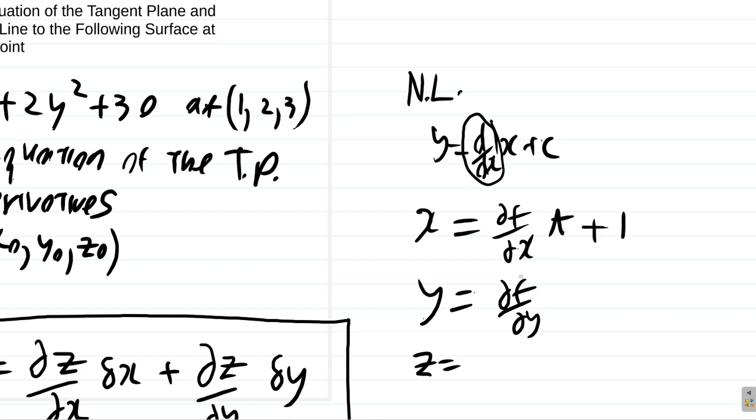Y is equal to delta f by delta y, delta of the function by delta y, times t, alright? And z is delta f by delta z times t. For the y it will be plus 2, for the z it will be plus 3.